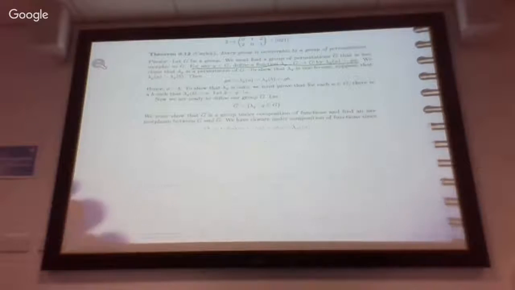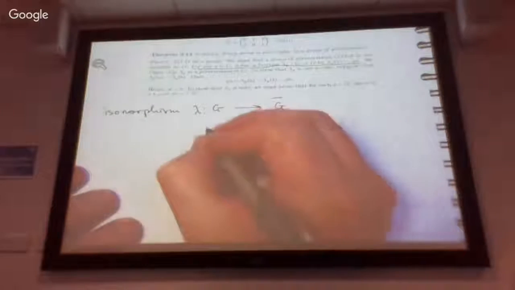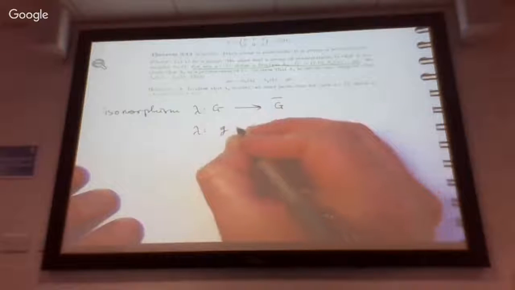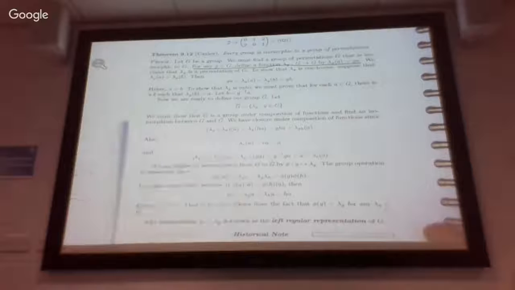I don't think he names the mapping here, but you could say the isomorphism from G to G bar is this mapping lambda, and lambda sends an element little g to the permutation lambda sub G. Okay, so that's the actual isomorphism. Or sorry, he does define that at the bottom as phi.